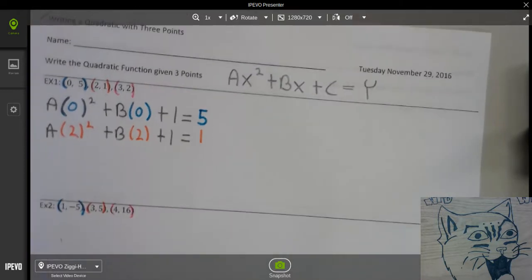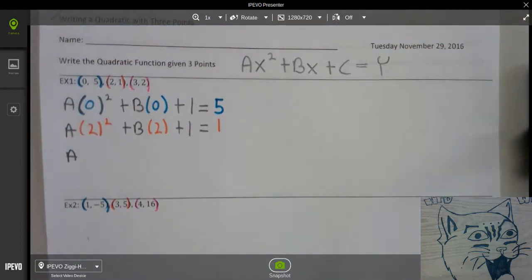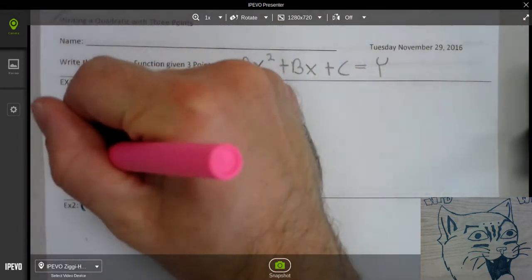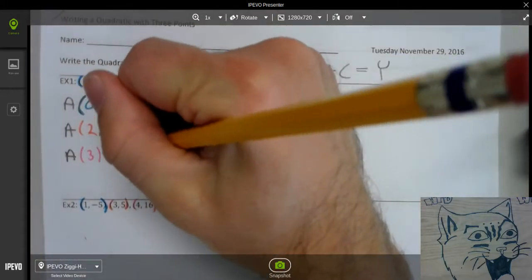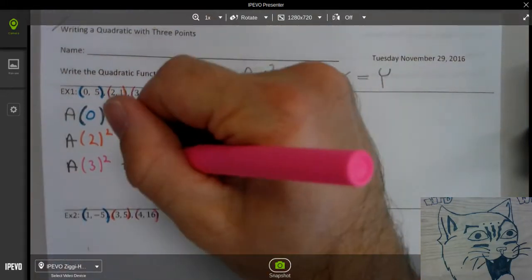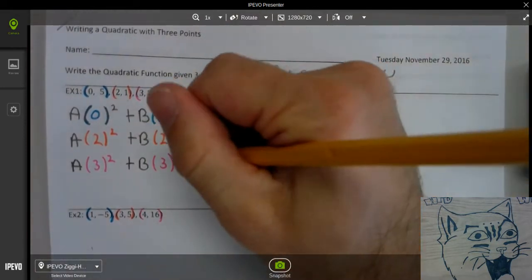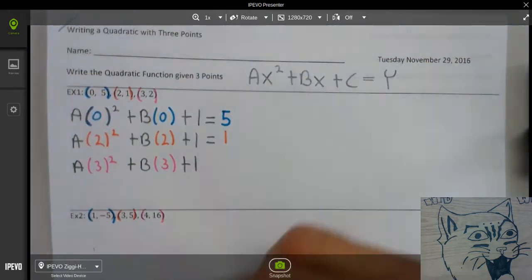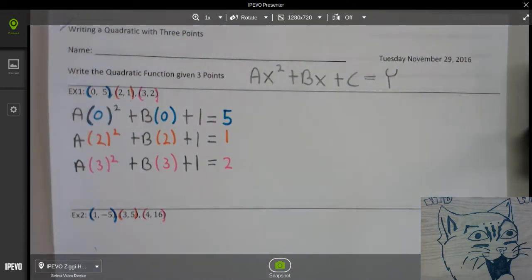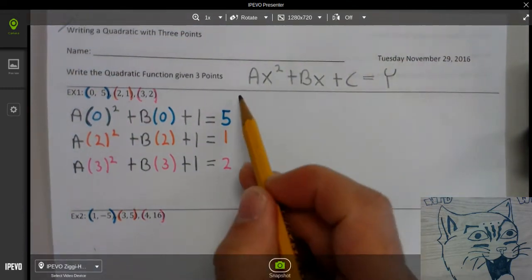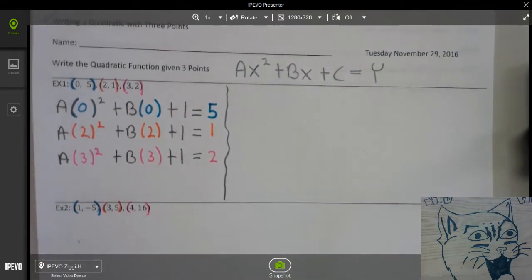Then we do a times 3 squared plus b times 3 plus 1 equals 2. All right, and then we're going to plug that into our matrix.